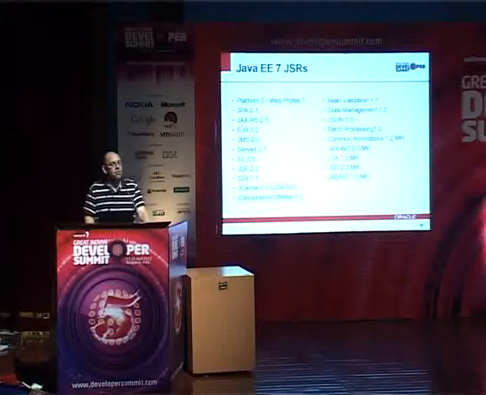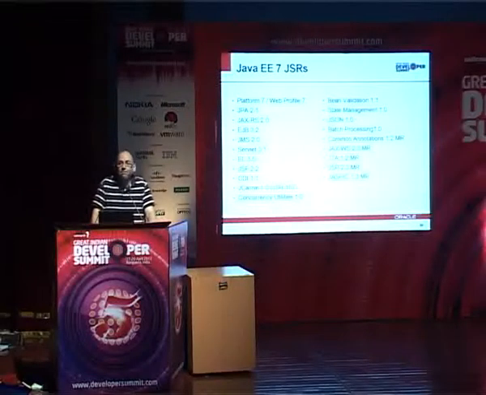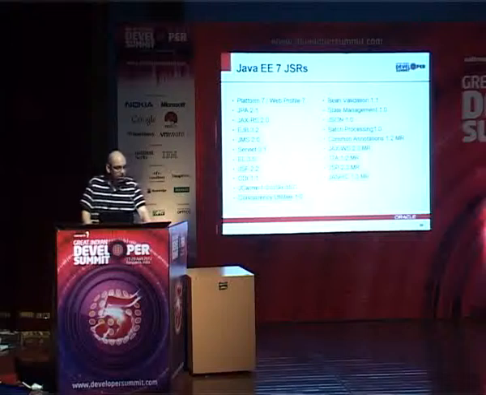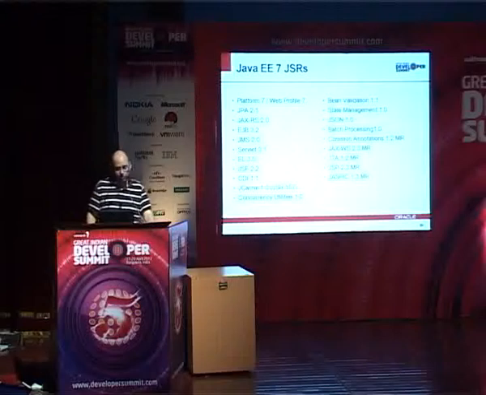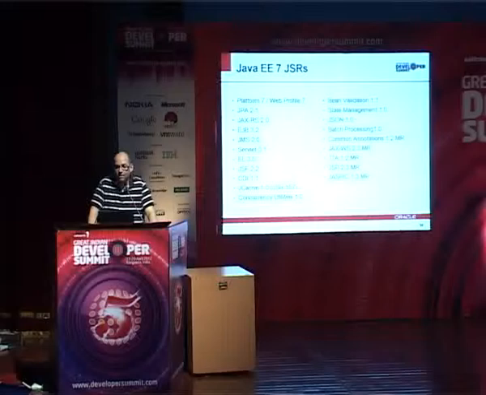Number of JSRs on the go. We have some updates to existing JSRs, and we have some new ones. You see all the 1.0 here in the specifications are new. The concurrency utilities is a series of additions to what the Java SE concurrency offers.